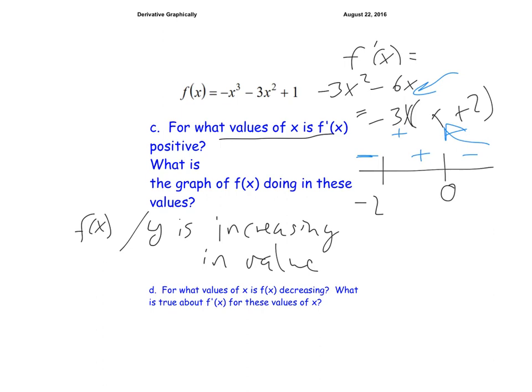For that, I guess you can write a domain. So negative infinity, not including infinity, so that's a parenthesis, all the way up to negative 2, and then we're going to bound it together with 0 all the way up to infinity.